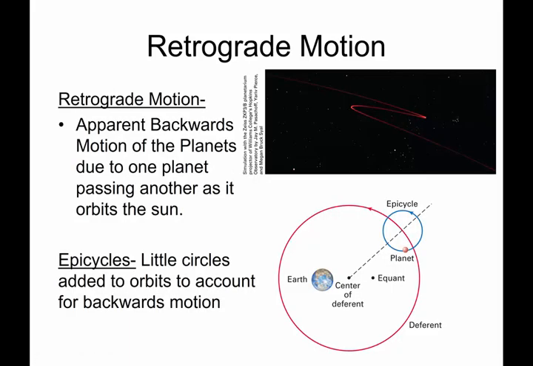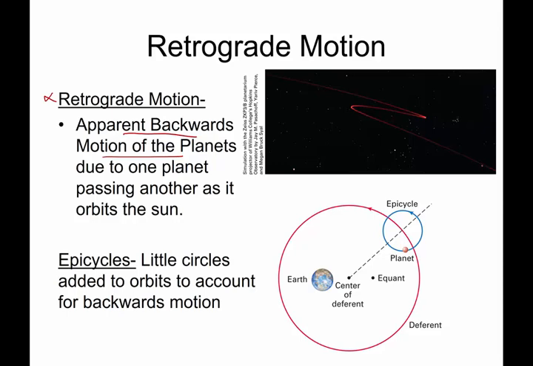Retrograde motion is defined as the apparent backwards motion of the planets that we observe from planet Earth. This is not just something weird and crazy they imagined. This actually occurs.